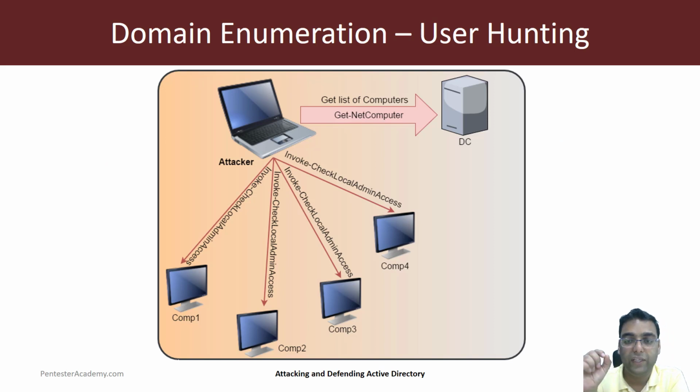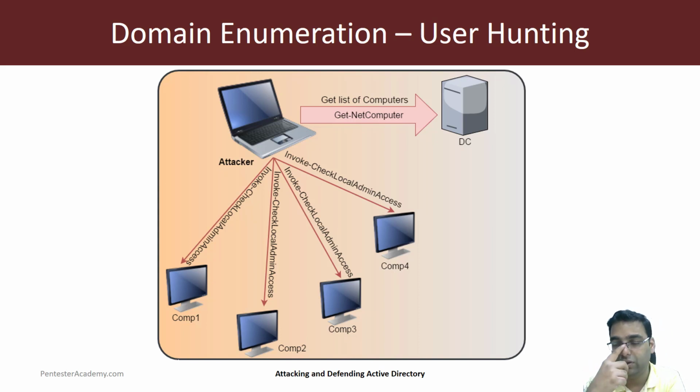Now, please keep a couple of things in mind. This is very noisy, right? We are requesting a list of all the computers from the domain controller. Even if it is a small domain environment with 1,000 or 2,000 nodes, we will create a good network spike by contacting all the machines in the domain, right? So please be mindful of running this.